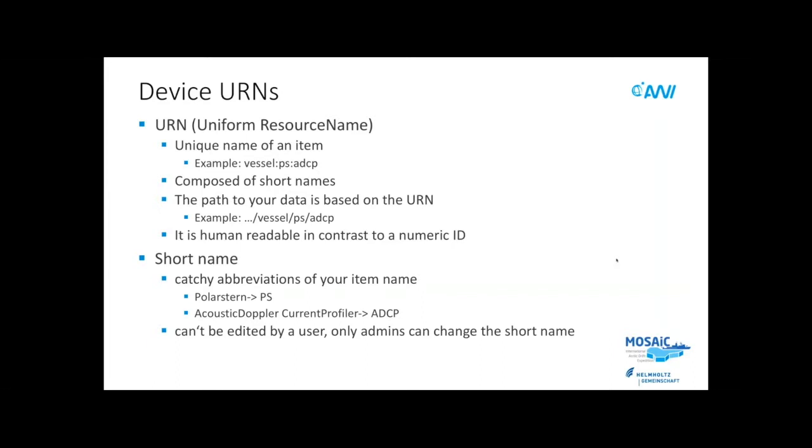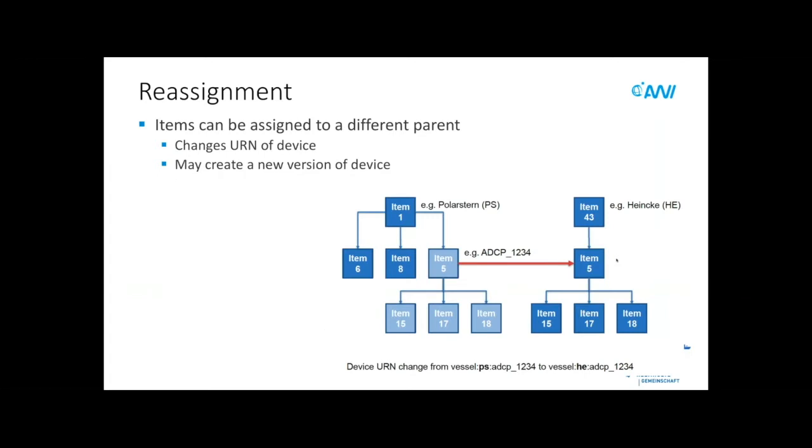Your short name should be catchy, and the best practice is to use the serial number of the device for the global uniqueness of this name. The short name can't be changed by the user, only by an admin.